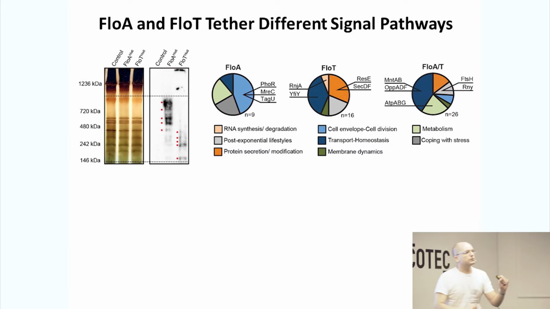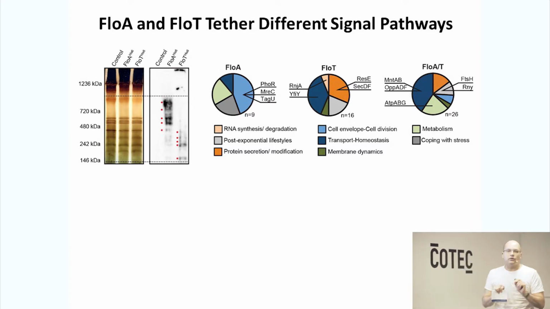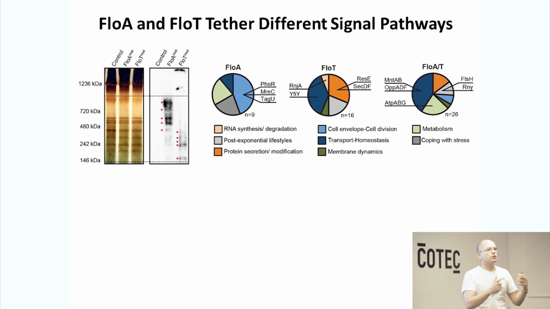Long story short, I would say generally the proteins that are associated with Flo-A mostly are associated with cell wall maintenance or turnover or membrane architecture. We don't know yet if it's a question of the functionality of the flotillin or because it's a constitutive protein. So it's always there from the beginning, and therefore it has more chances to interact with this type of proteins.